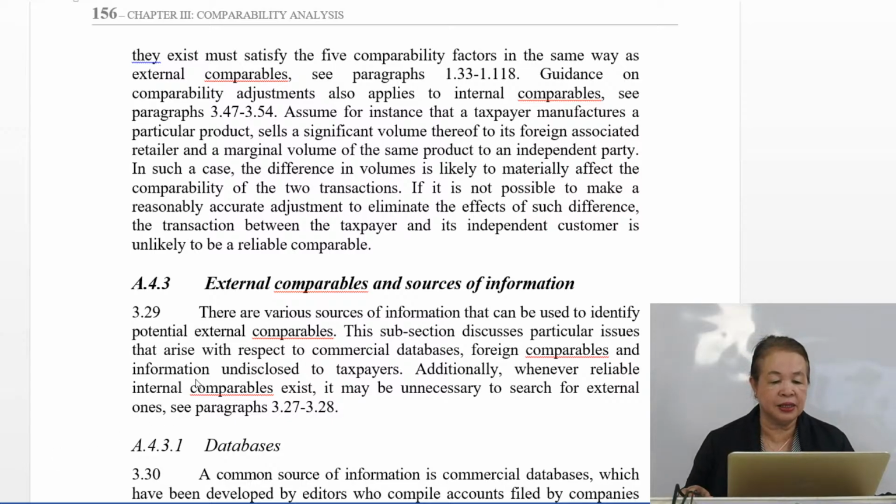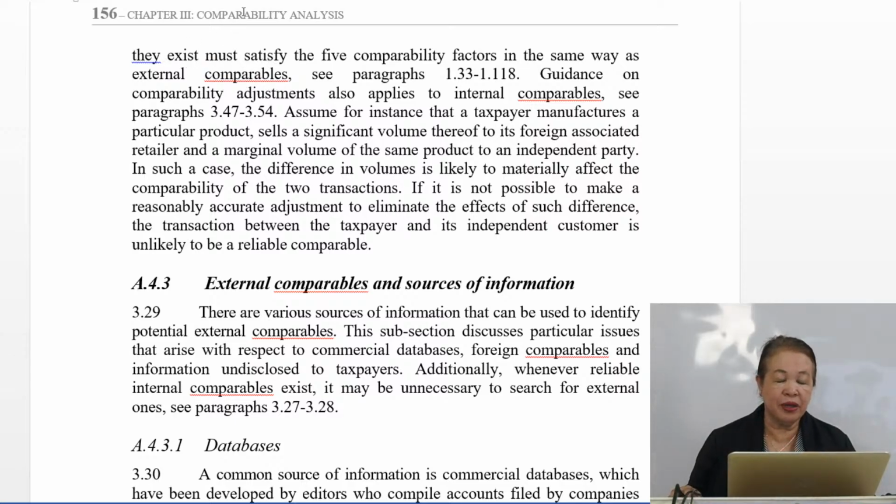Assume, for instance, that a taxpayer manufactures a particular product, sells a significant volume thereof to its foreign associated retailer, and a marginal volume of the same product to an independent party. In such a case, the difference in volumes is likely to materially affect the comparability of the two transactions.